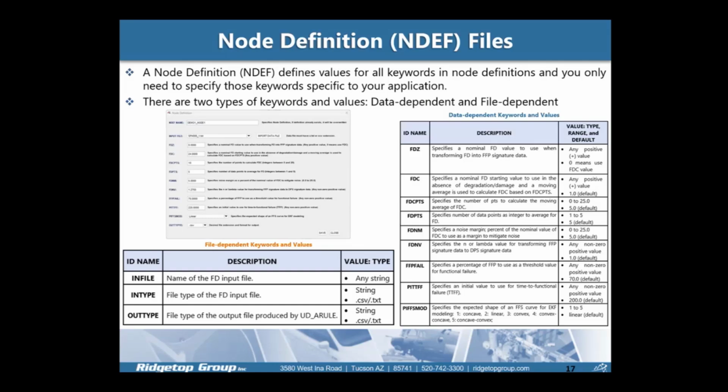They're shown in these tables here. So file dependent keywords are basically your input output file and the type, and your data dependent keywords and values mostly come from your input data and the project you're working with.